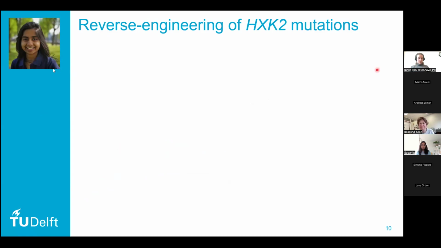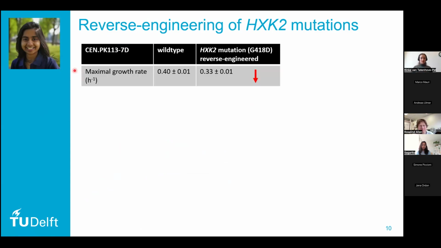So what we did is we looked at these hexokinase 2 mutations and we reverse engineered those. We took a wild type and we actually took all of them, but I show the data for one of the mutations that we found in hexokinase 2, and reverse engineered that into the wild type and then characterized both the wild type and the mutant.